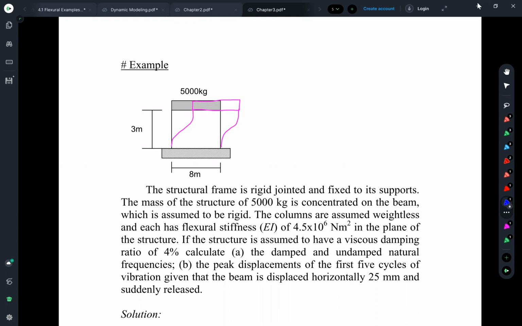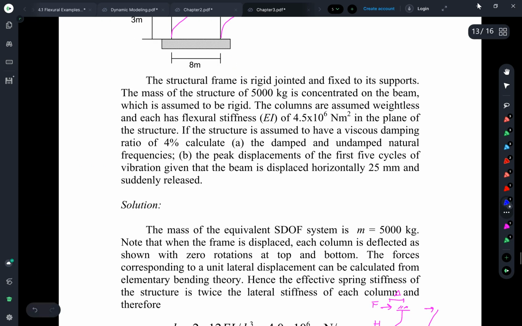And the columns are assumed to be weightless, with flexibility EI equal to 4.5 times 10 to the power 6 Newton meter square. Assume that the viscous damping ratio is 4%. Calculate the underdamped natural frequency, and the peak displacement in the first 5 cycles of the vibration, given that the beam is displaced horizontally 25 meters and suddenly released. Okay, we will go step by step for each question on this example.